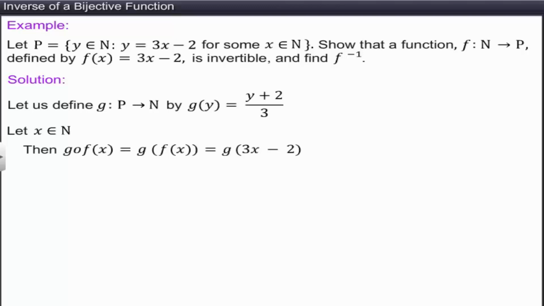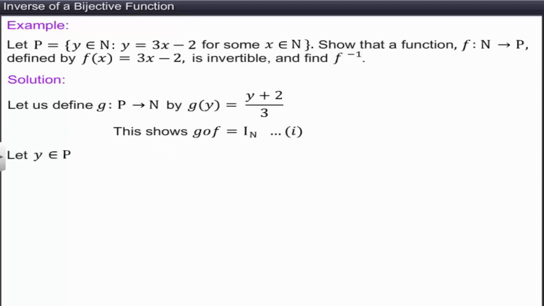Then, g circle f of x is equal to g of f of x, which is further equal to g of 3x minus 2. And, by the definition of function g, this is equal to x. This shows g circle f is an identity mapping from N to N.